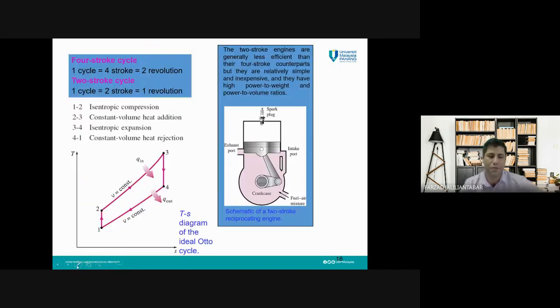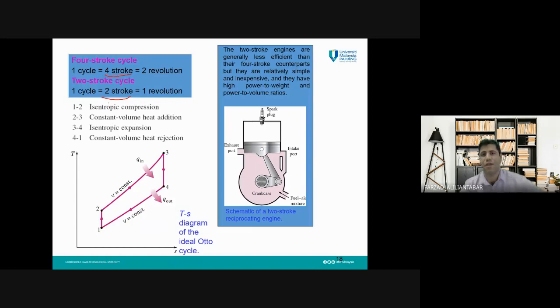Up to now, what I told you was about the four stroke cycle, and we had the intake, exhaust, expansion or power, and compression strokes. But we can also have two stroke engines.